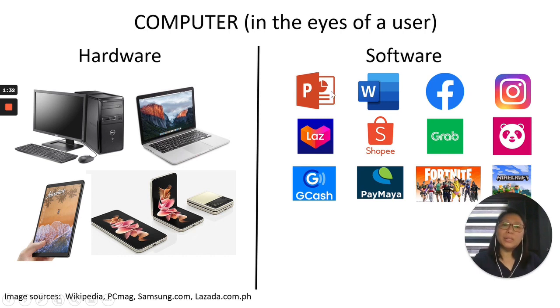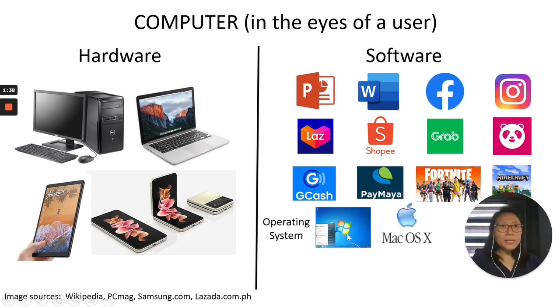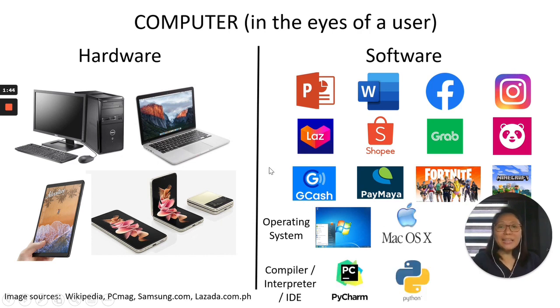Software is not limited to this special purpose software, because operating systems such as Windows and Mac OS X are also software, and even compilers and interpreter and the IDEs that we use for programming are also software. So basically everything that runs in a machine are software. That's how we see a computer.